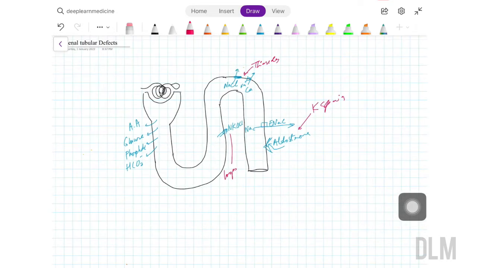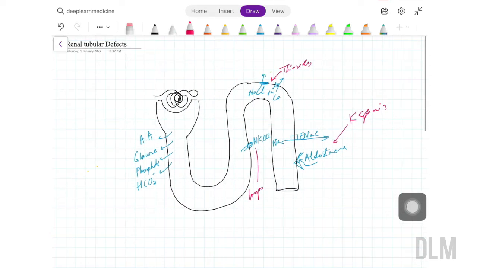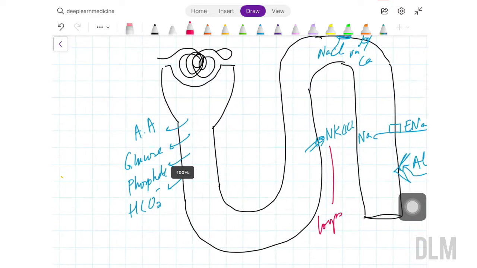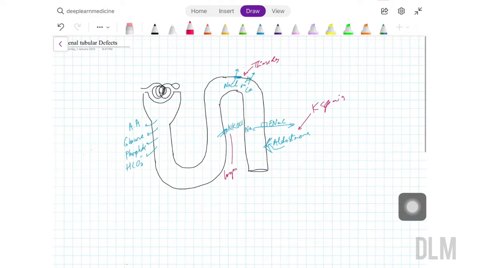As you can probably guess by the name, there would be defects in some function of this nephron, right? A commonality between the defects is that all of them will present with loss of potassium, which is also known as hypokalemia, right?